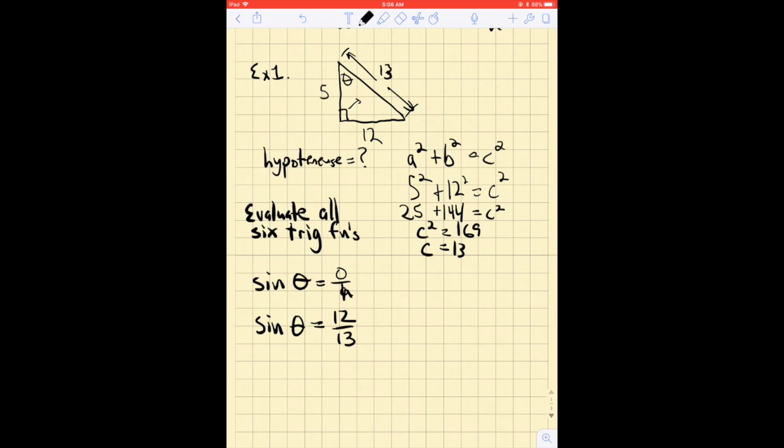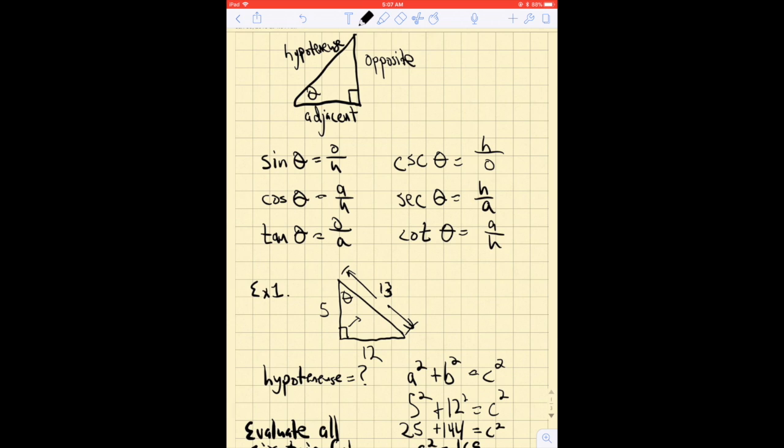For cosine of theta, that's adjacent, the side that is touching theta that is not the hypotenuse, adjacent over hypotenuse, 5 over 13. And then for tangent of theta, that's O over A, opposite over adjacent.